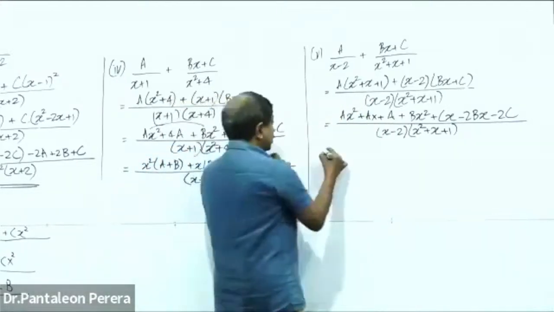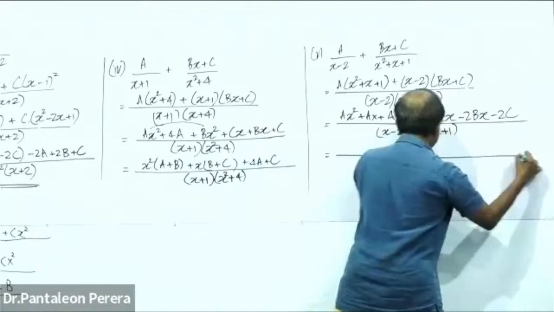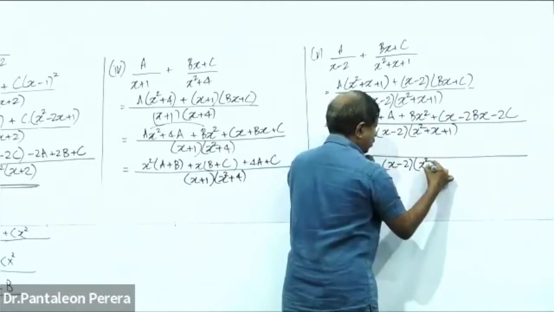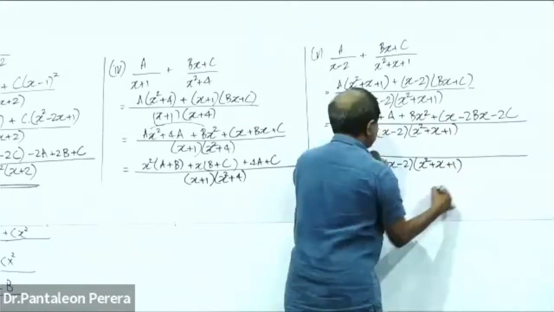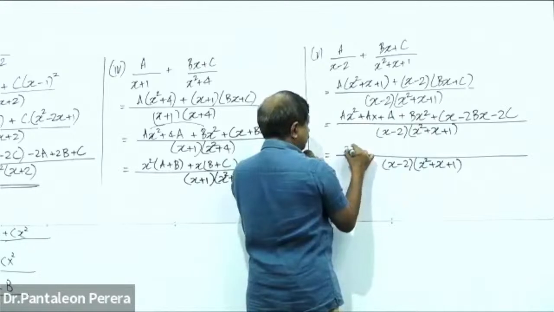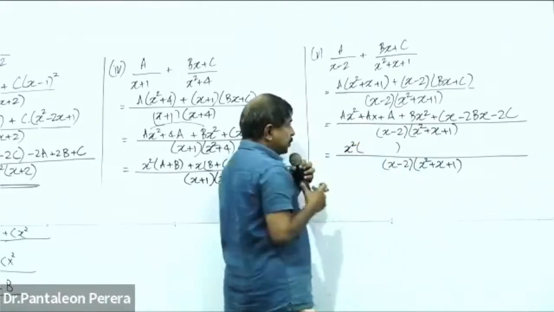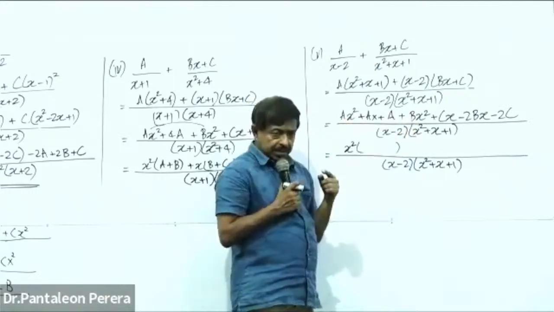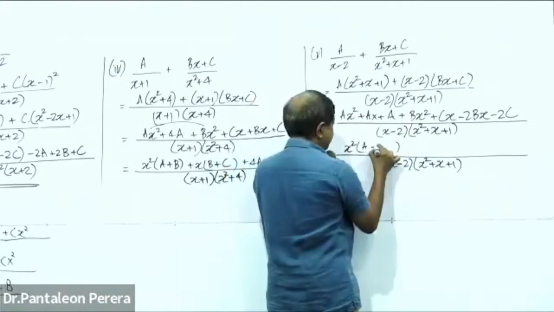Now, gather those two terms. If you pull out x squared from these two, you get a plus b.